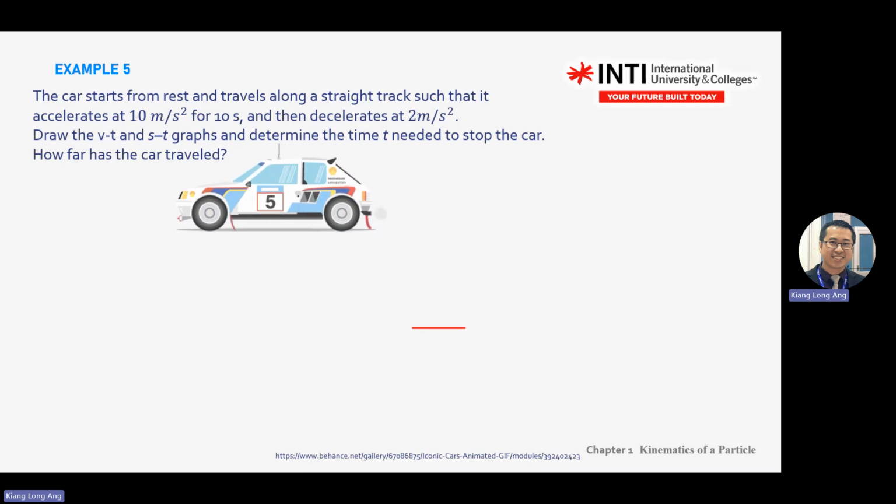So it's better you draw the three graphs: s-t, v-t, a-t, and then mark the times t1, t2, t3. In this case, you have the 10 seconds, and you don't know when it will stop, right? So you draw the three graphs first.